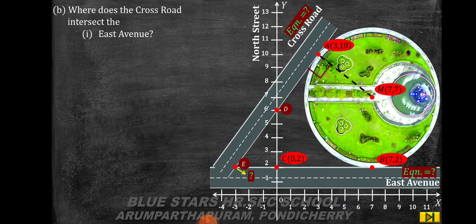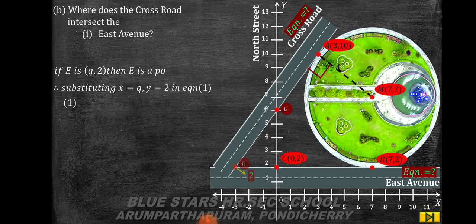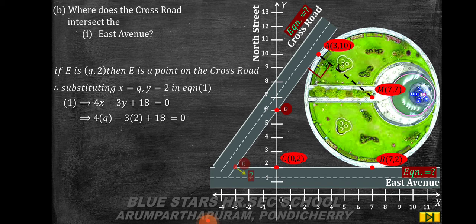B. Where does the crossroad intersect? First subdivision, East Avenue. If E is (q, 2), then E is a point on the crossroad. Substituting x is equal to q, y is equal to 2 in equation 1. In equation 1 we know 4x minus 3y plus 18 is equal to 0.